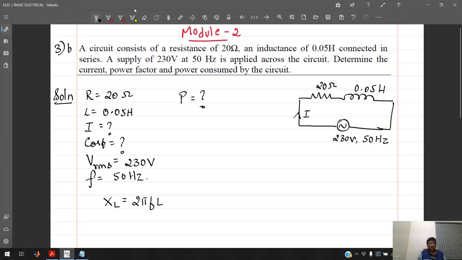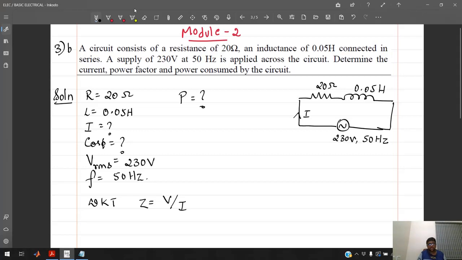The reason you are going to calculate XL is that to calculate the current I, we know that Z is equal to V divided by I. V is already given, V is nothing but VRMS. You can also write Z as VRMS by IRMS, or VM by IM.